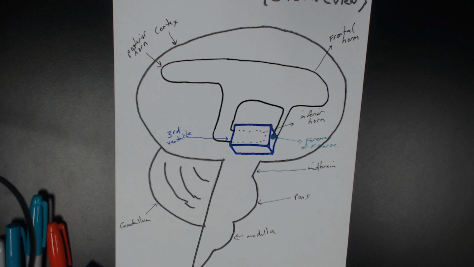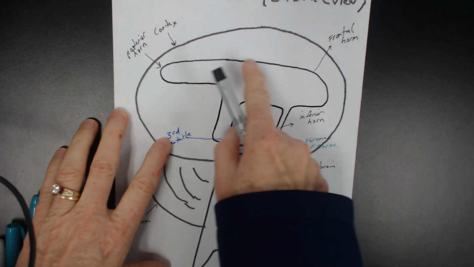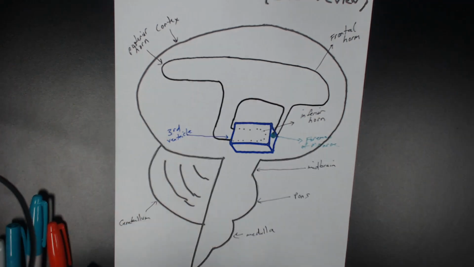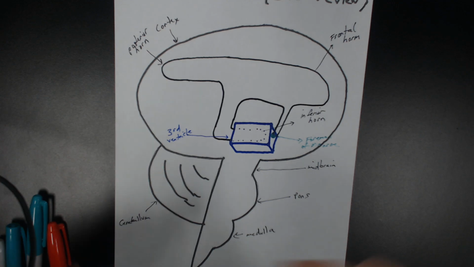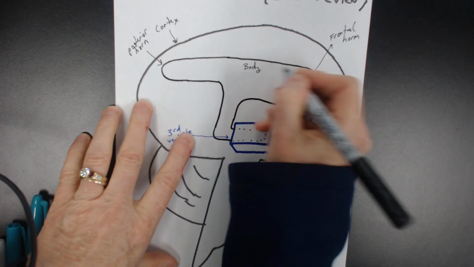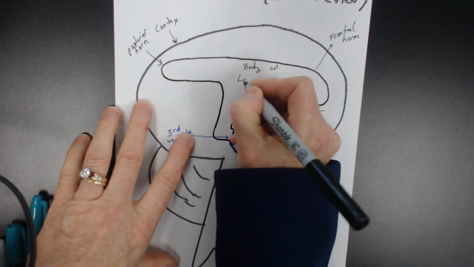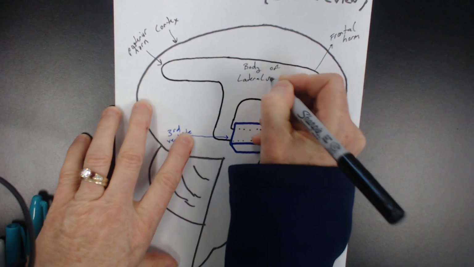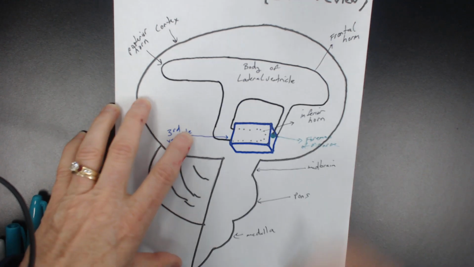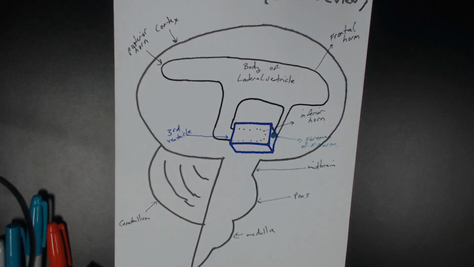And then the last part, all this part in the middle, really the bulk of the lateral ventricle, is called the body of the lateral ventricle. All that portion in the middle.